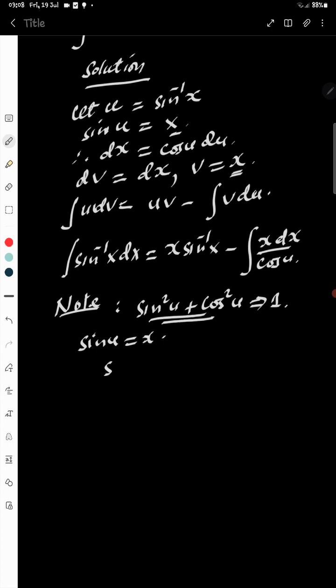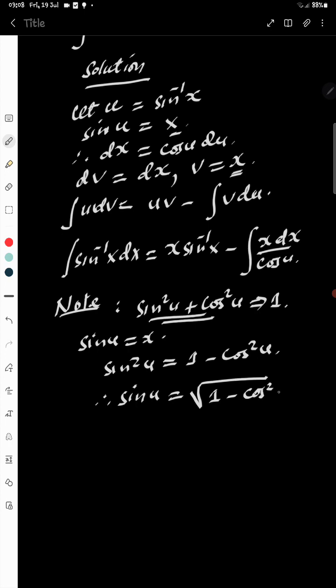So, cos squared u is equal to 1 minus sine squared u.